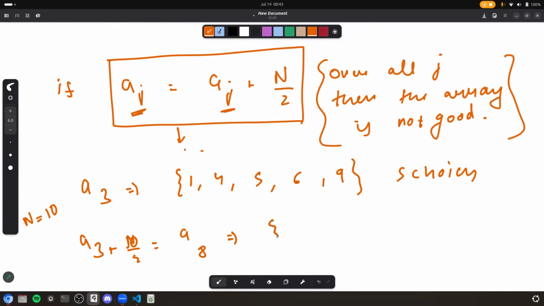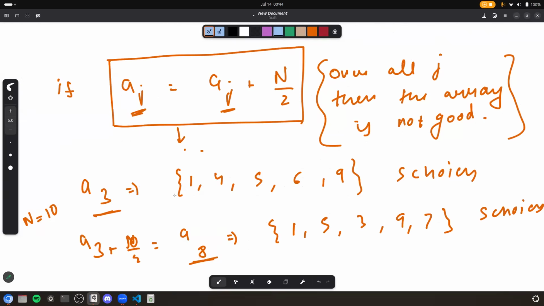Let's say this had 1, 5, 3, 9, 7. 5 choices. So for the array to be not good, I need A3 equal to A8, right?